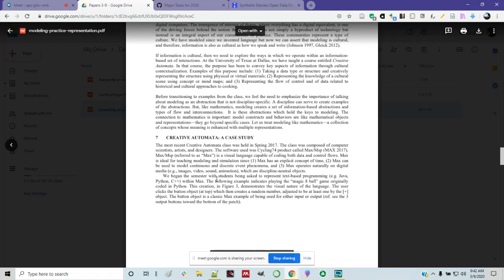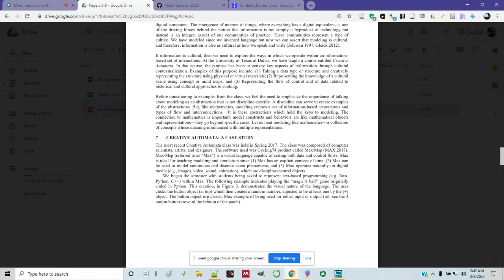And then, of course, he has this new class, Creative Automata. I know he was doing something called aesthetic computing years ago, which is where you use art to represent different systems.